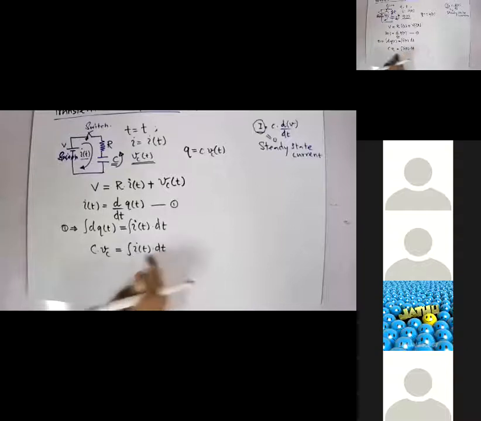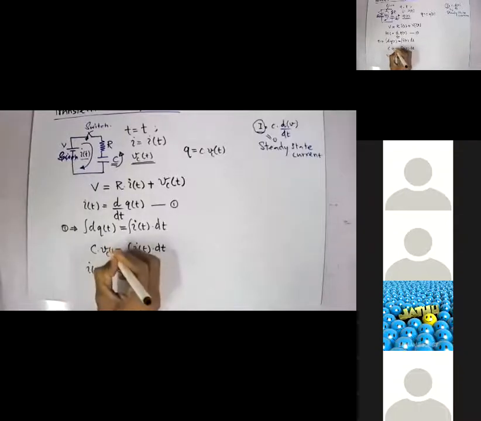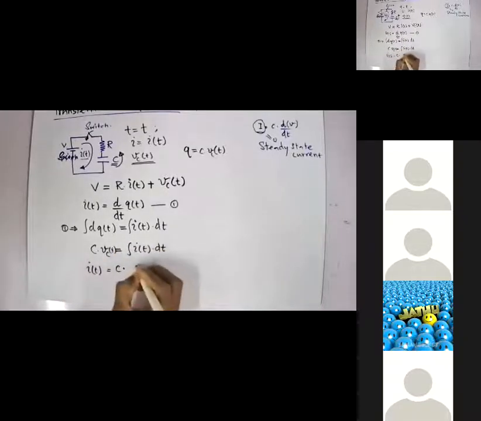So again, just bring this one here. So I of t, the transient current, equals C into some function, sorry, Vc of t, right? So I can bring this dt here, C into dVc of t divided by dt, right?